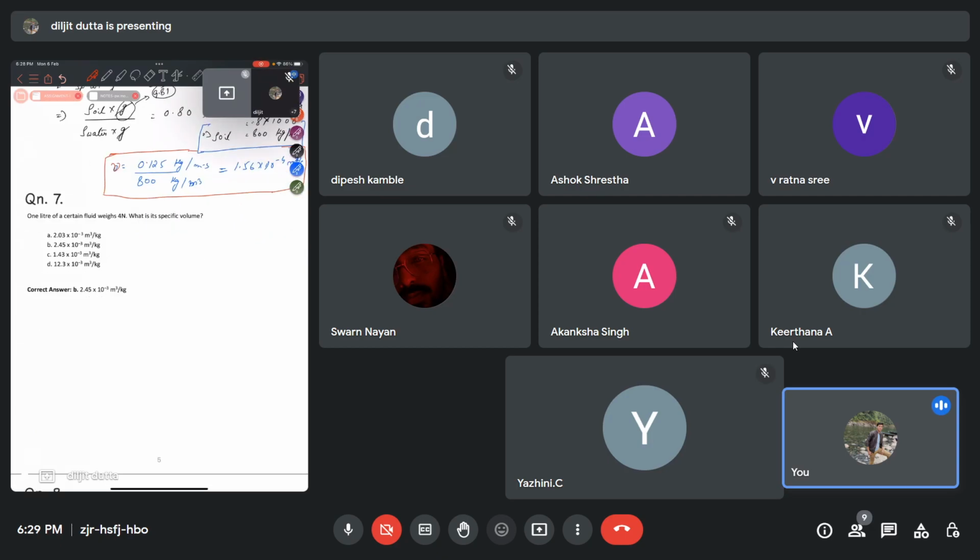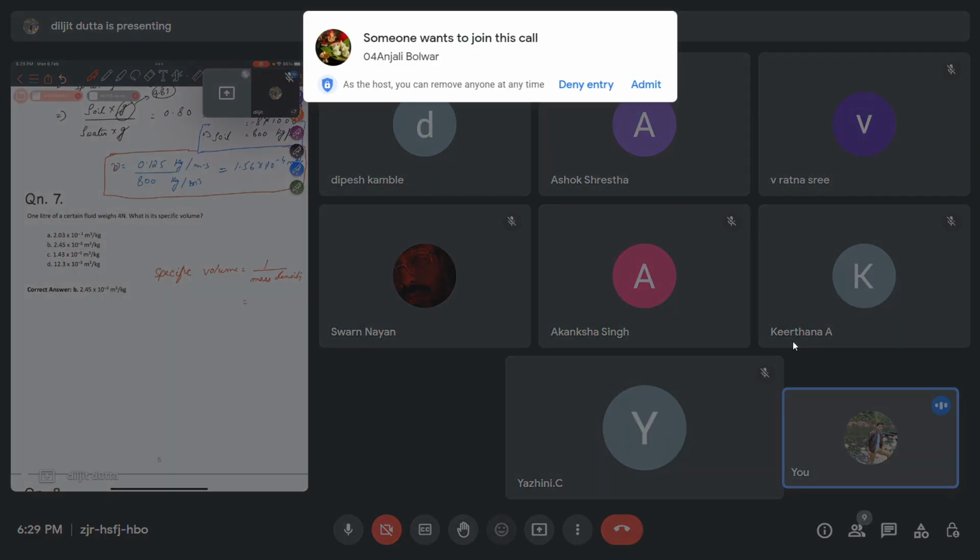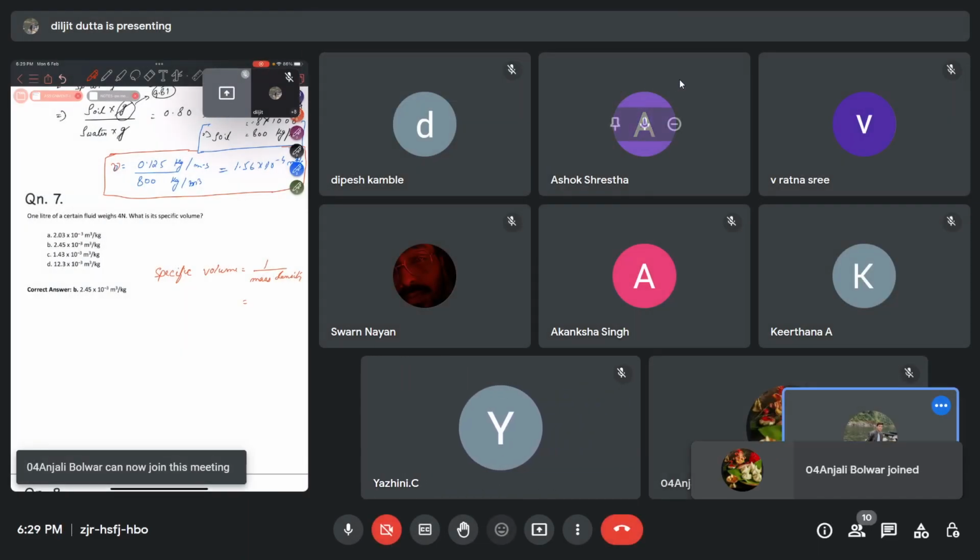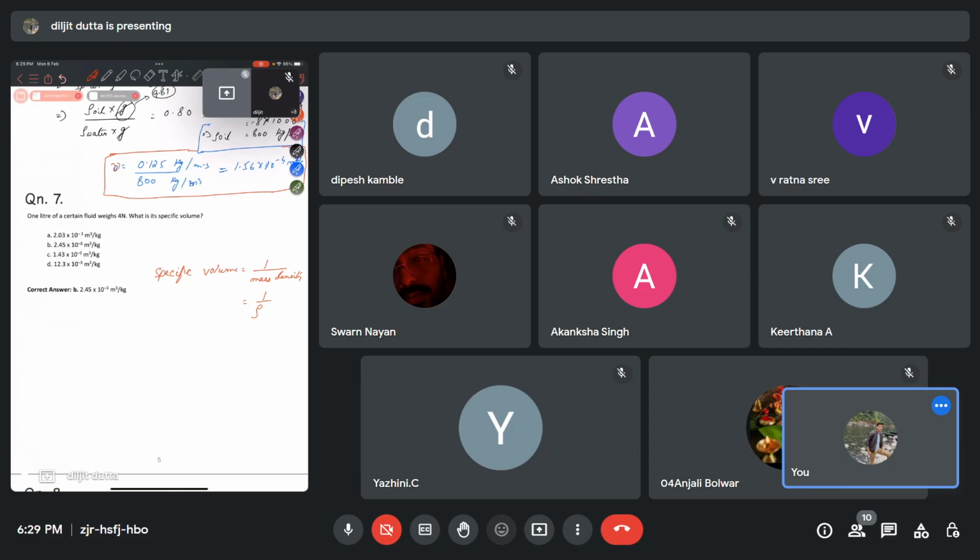Now the specific volume, we mentioned, is given as the inverse of mass density, equal to 1 by rho. So 1 by rho of the fluid, whatever fluid you are taking. Based on the given information only, we have to find the value of rho.